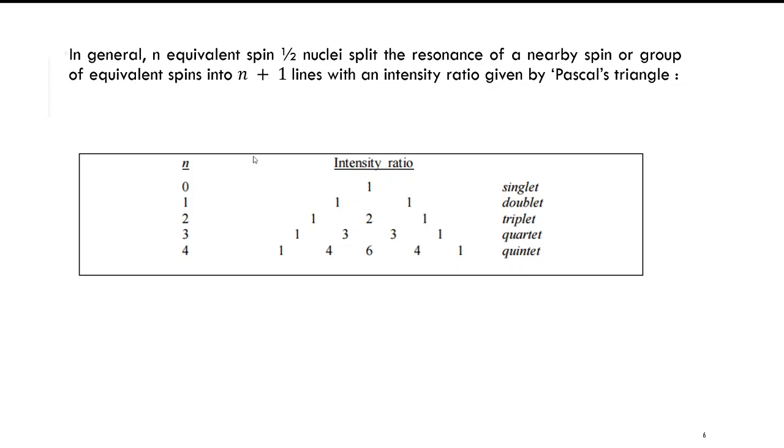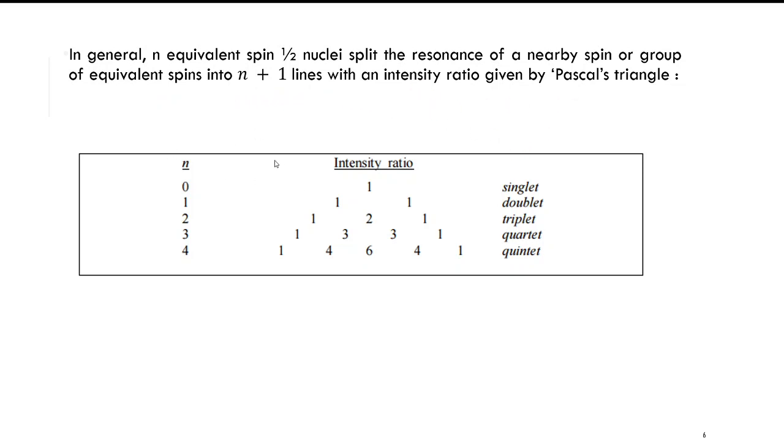This is only true when you're talking about spin half nuclei. If it's other than spin half, it will be something else, but we're not going to cover that. In general, equivalent spin half nuclei will split the resonance of a nearby spin or group of equivalent spins into n plus 1 lines with an intensity ratio given by that.